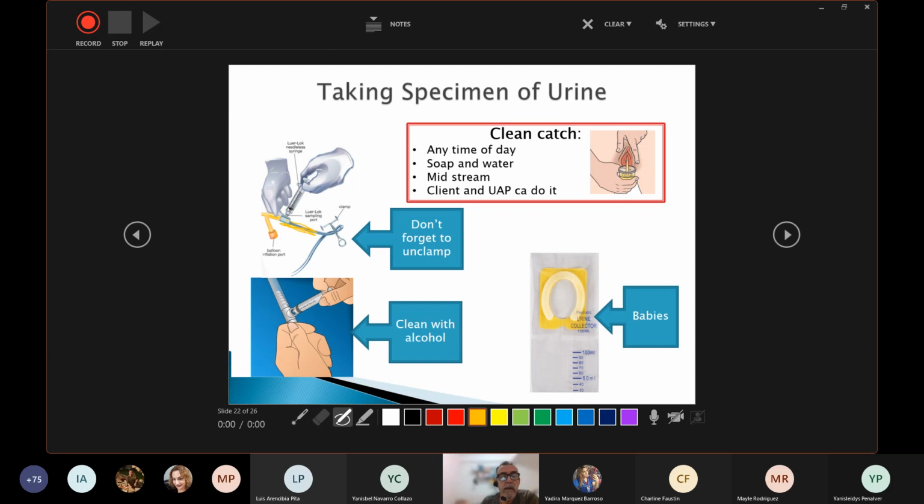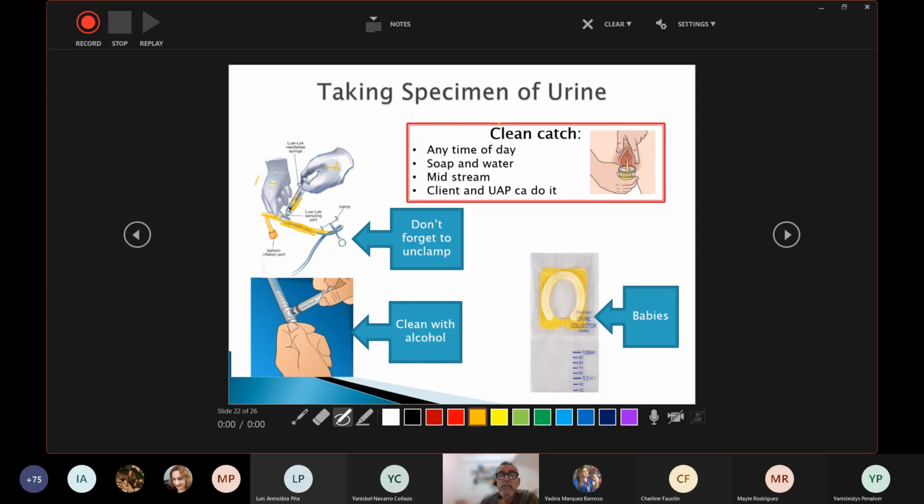So now urine accumulates here because it's clamped. And then you come back with your sterile syringe, but with clean gloves. Without touching the tip of the syringe, nor touching the port that you have already cleaned with alcohol, you connect the syringe and you suck the urine. Don't forget to unclamp after doing that.